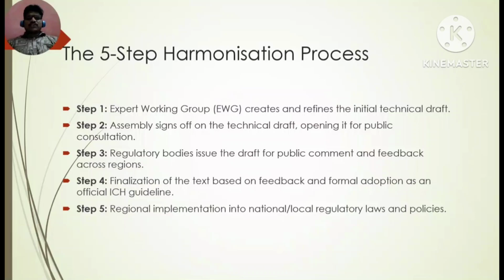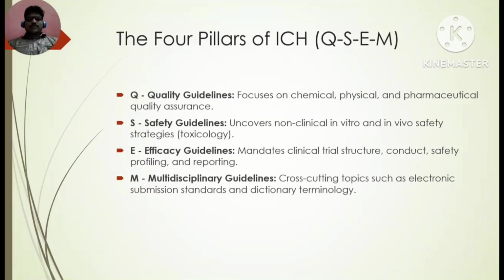Regulatory bodies issue the draft for public comment and feedback across regions. Step 4. Finalization of the text based on feedback and formal adoption as an official ICH guideline. Step 5. Regional implementation into national, local regulatory laws and policies.